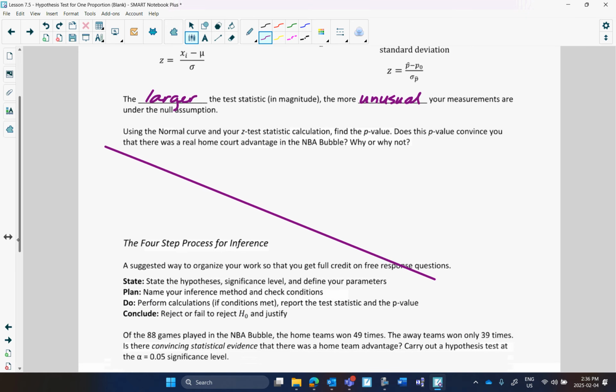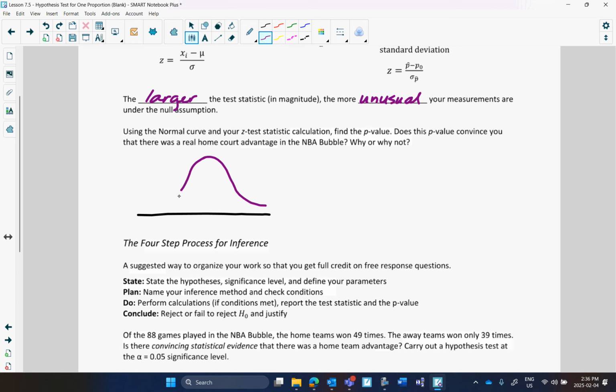The question is how far away, or what's the probability, which means we've got to find the area. Remember, how do we find the area? Well, we're going to go back to this normal distribution where this is one standard deviation from here.